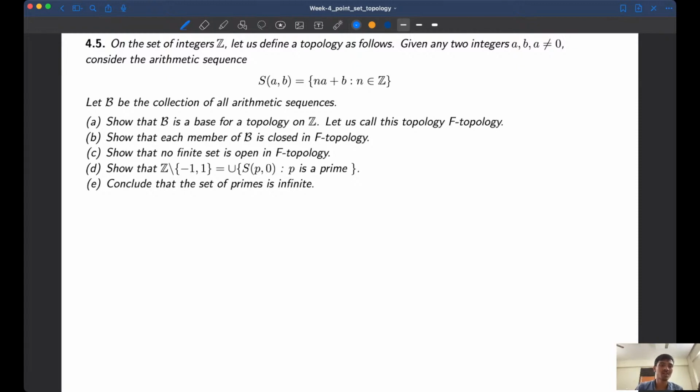So the complement of that will be open, and in this case the complement is {-1, 1}. But from C we showed that this set {-1, 1} cannot be open. So for this not to be closed, we need the number of primes to be infinite.